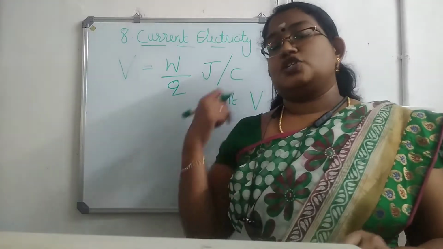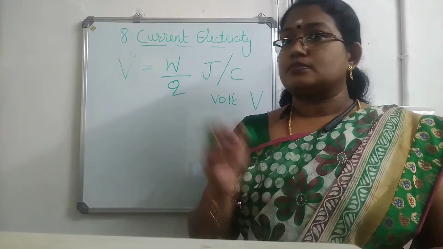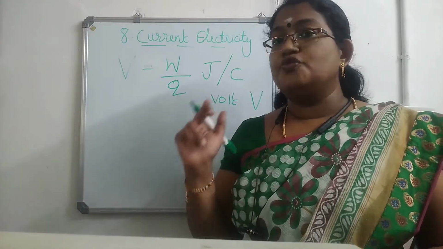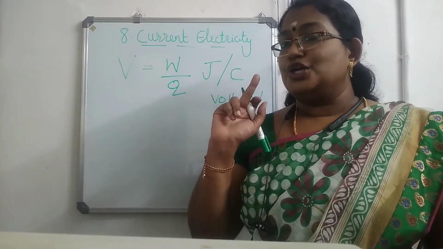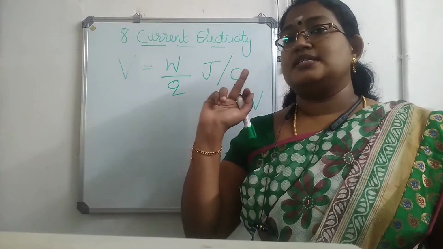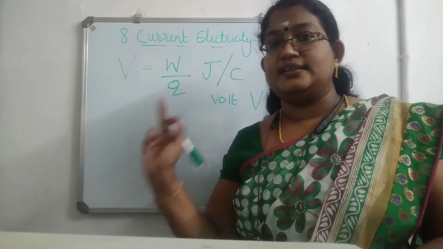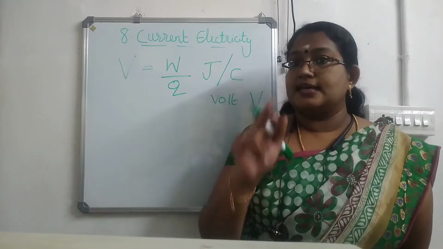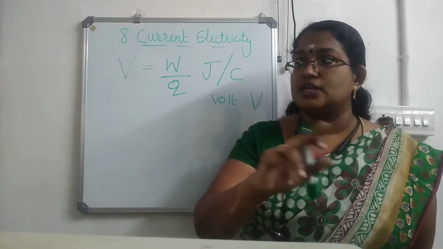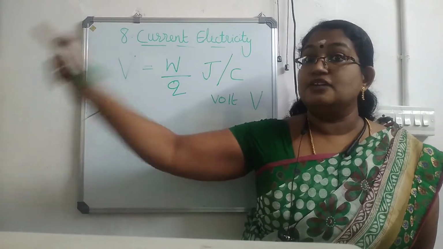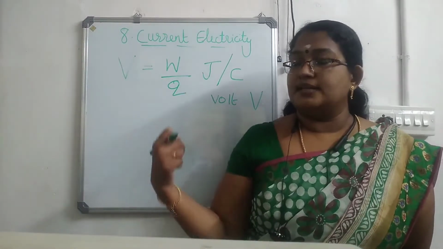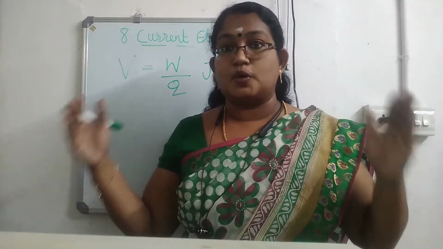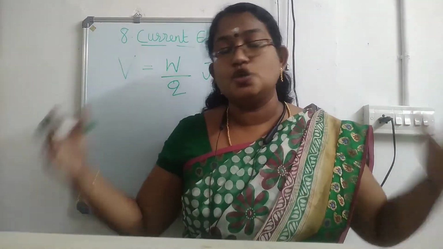So what is the definition for potential difference? It is the work done in order to move a unit positive charge or unit test charge from one point to another. In the case of electric potential, it is work done to move from infinity to a point. But in the case of potential difference, we are considering the difference in potential between 2 points.